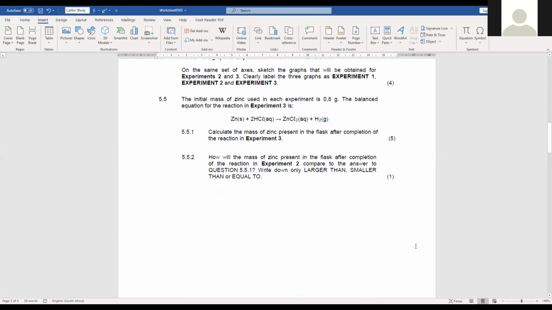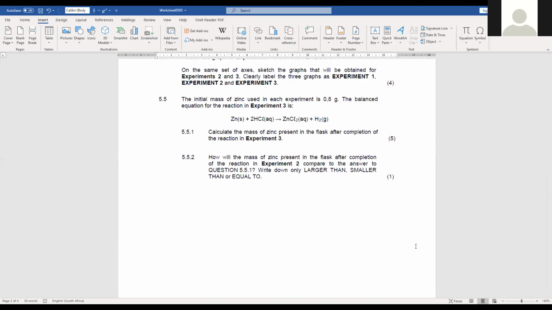Okay, so then question 5.5, they're asking us how will the mass of zinc, oh no, sorry, I jumped the gun. It says the initial mass of zinc used in experiment is 0.8 grams. The balanced equation for experiment 3 is zinc plus 2 HCl gives you zinc chloride plus hydrogen gas.